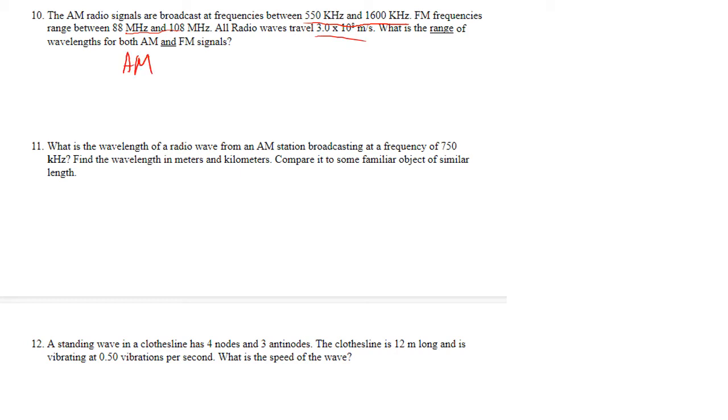Not hard. So we're using v = λf again, over and over again. It's a very important equation in case you haven't figured it out yet. So let's take 550. We have 3 times 10 to the 8 is equal to lambda, which we're looking for, times f, which is 550 kilohertz. So that's 550 times 10 to the 3.